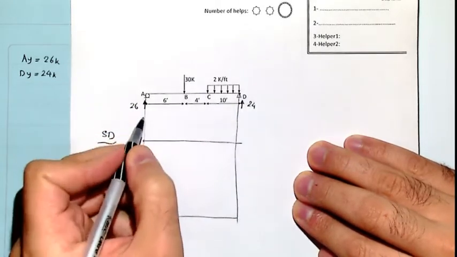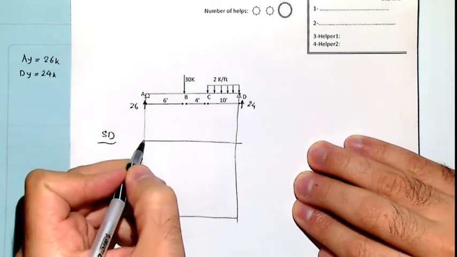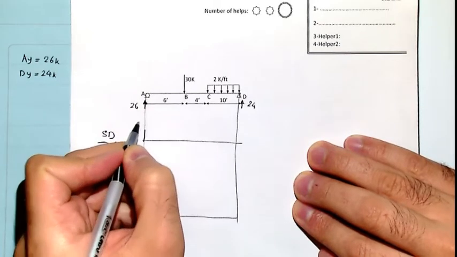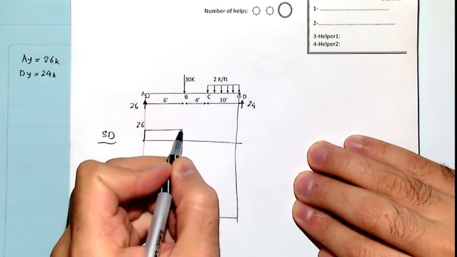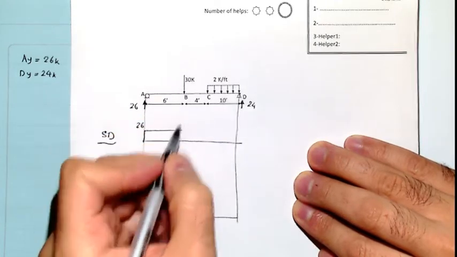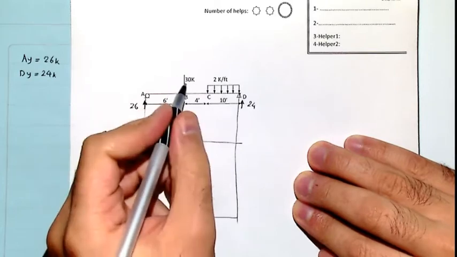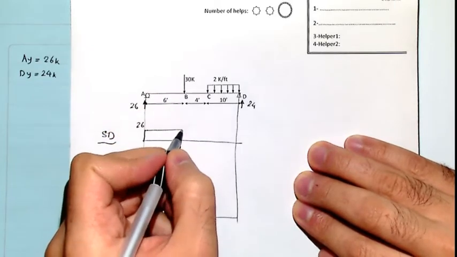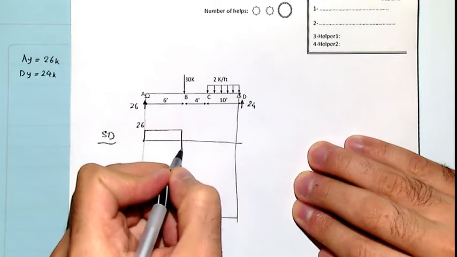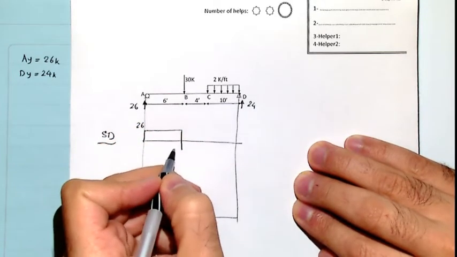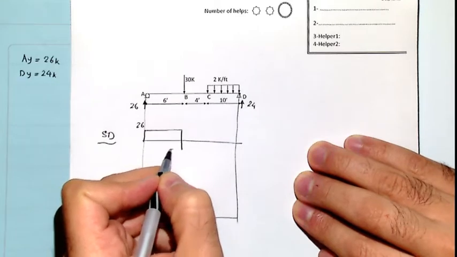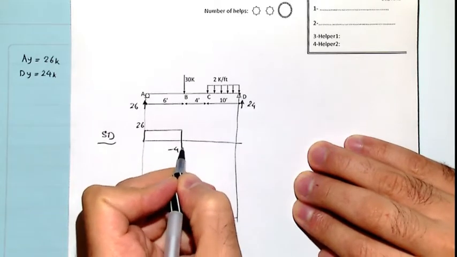So when it starts from the left, it goes up to the level of 26. There is no other load, so we keep continuing. Then at the level of 30 kips, we have to go down because we have a concentrated load. 26 and 30 deducted, we're going to reach -4.